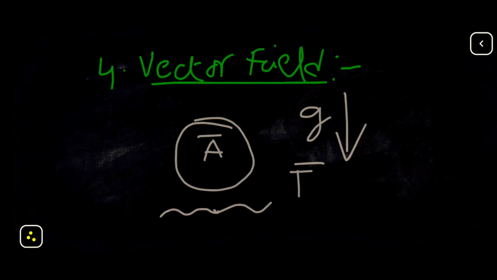Displacement of a flying bird in a space and the magnetic field from north to south all come under vector fields. If a quantity specified in a region to define a field is a vector, then the corresponding field is called a vector field.